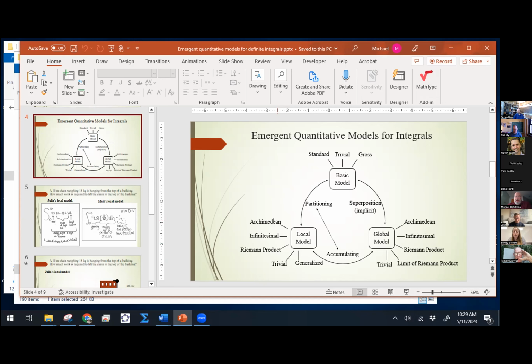An Archimedean versus an infinitesimal model refers to students thinking about small but non-infinitesimal amounts of change or increments in quantities, whereas in an infinitesimal model, the students might be thinking about something smaller than any real numerical value.